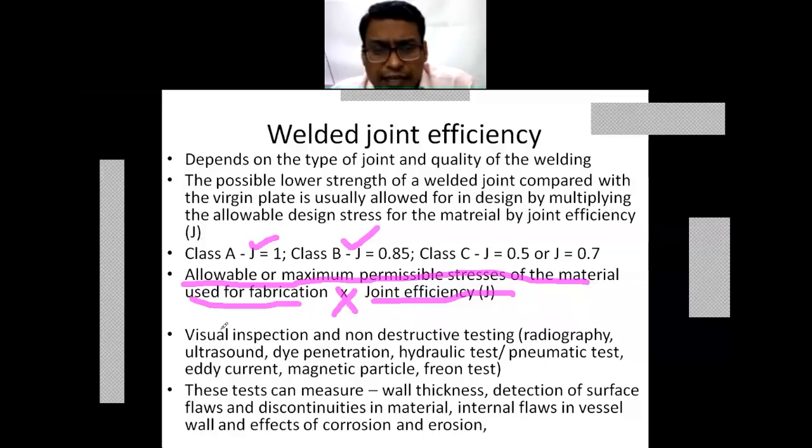Nowadays, ultrasound techniques are very suitable and used very conveniently in industries for calculation of the wall thickness, detection of flaws, and the effect of corrosion and erosion, using ultrasound equipment.